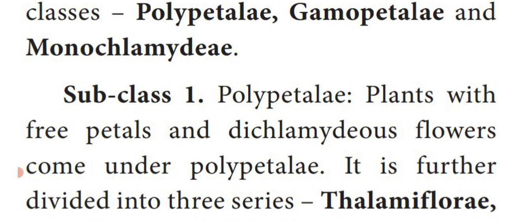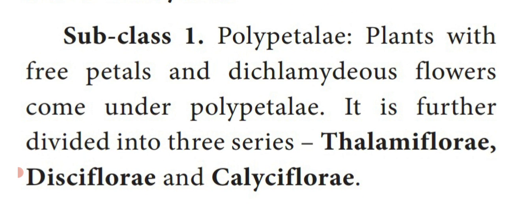What is that? Calyx and corolla are present. That is said to be a dichlamydeous flower. This subclass Polypetale is again divided into 3 series based on the shape of the receptacle or thalamus. That is Thalamiflorae, Disciflorae, and Caliciflorae.